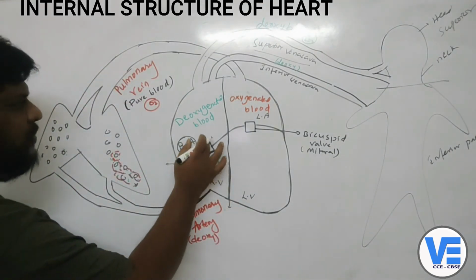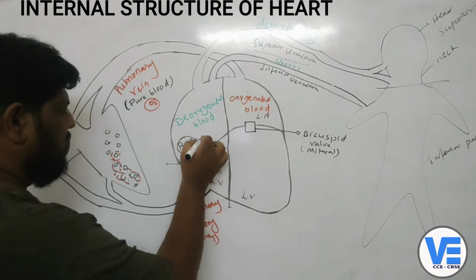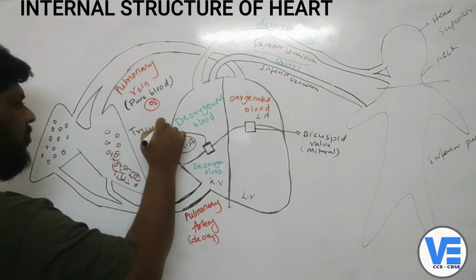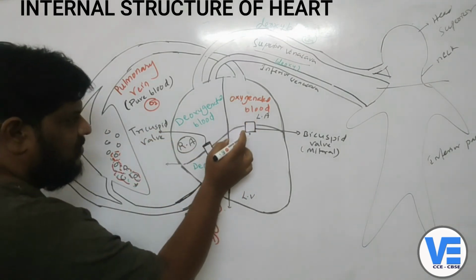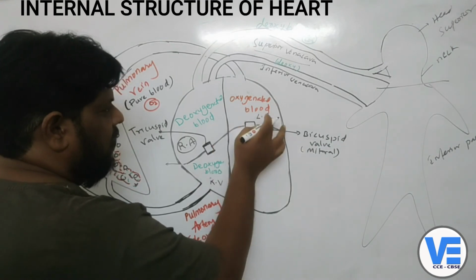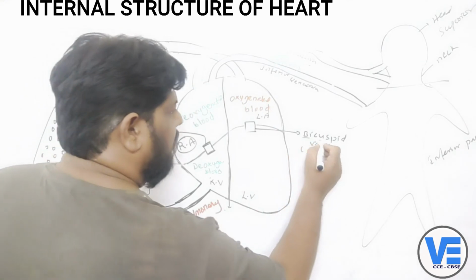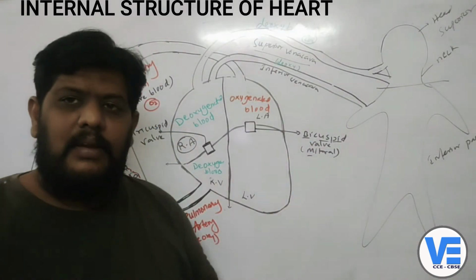The valve present between the right auricle and right ventricle is called the tricuspid valve, and the one between the left auricle and left ventricle is called the bicuspid valve, also called the mitral valve.